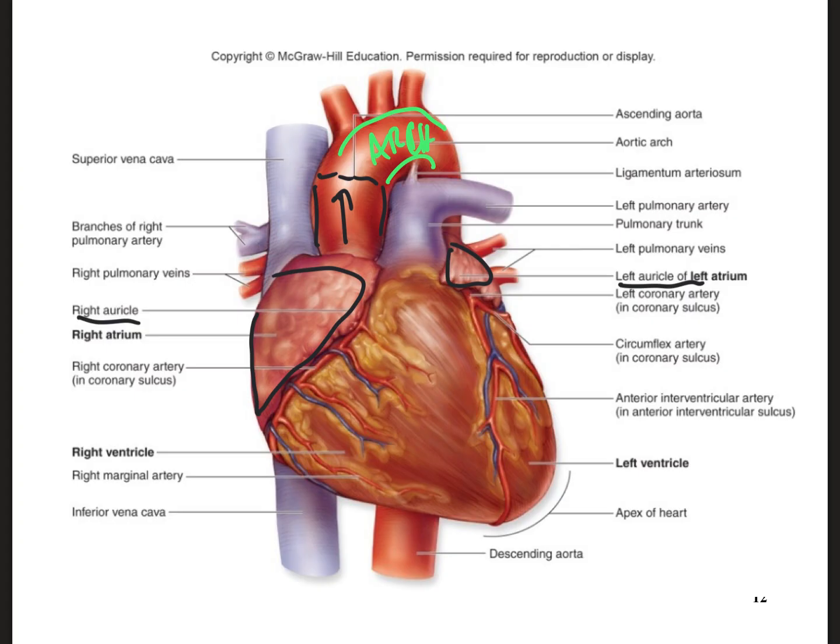Which then leads into the aorta going down behind the heart, and that's your descending aorta. It goes down through the thoracic cavity, through the diaphragm, through the abdomen, becomes the abdominal aorta, then splits into left and right iliac arteries, right? And then goes into femoral arteries.